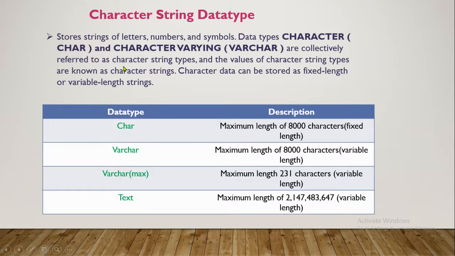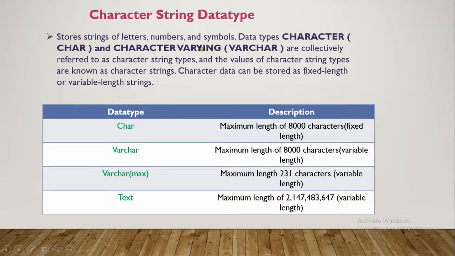Character data type can store letters, numbers, and symbols. But in a programming language like Java, if our data type is character, then we can store only characters, like letters. We cannot store numbers or symbols.